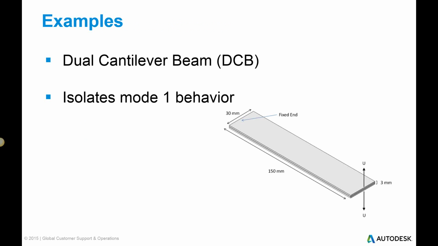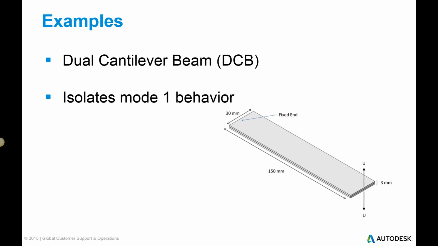And there are a few reasons why we have this problem as a tutorial. It's a great experimental problem to use when calibrating material properties. As I walk you through the model setup, we have a fixed end here that's constrained, and we have two elastic ply definitions, and they are separated by a cohesive layer that's using our material model.